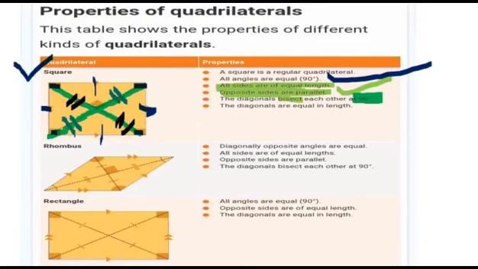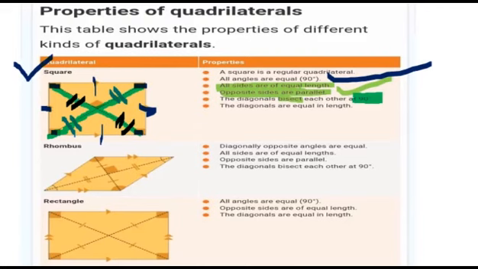This is called bisecting, that is dividing into two equal halves. That means, keep this in mind, diagonals of a square bisect, and this property comes from parallelogram because the diagonals of a parallelogram also bisect each other.